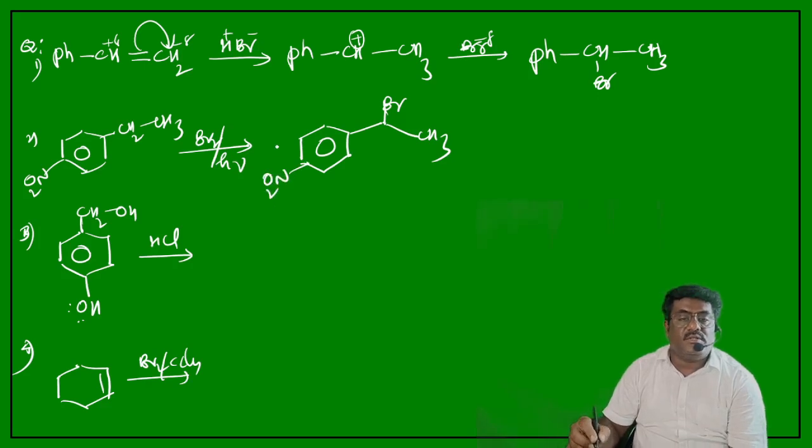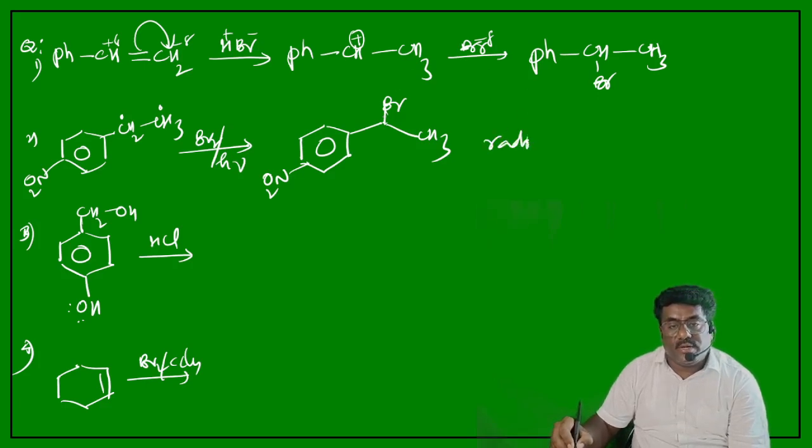Regarding radical stability, one position is secondary and the other is primary. Secondary is more stable, so it forms the secondary product. Based on radical stability, the product is formed.